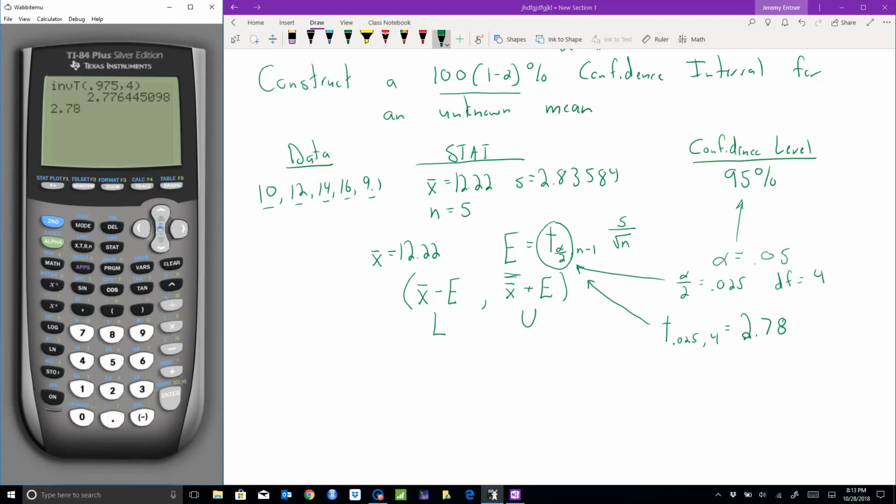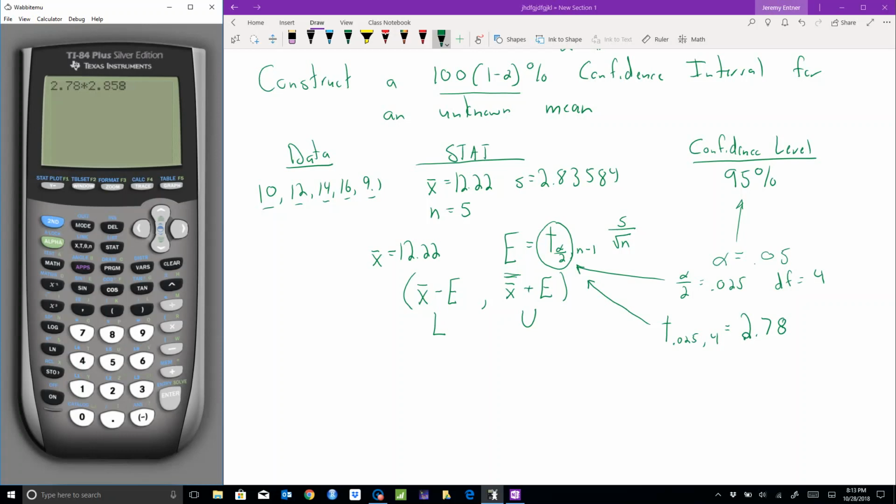That means if I want to calculate my margin of error, I'll use 2.78. I will multiply times my standard deviation, which is 2.83584. Whoops, let's clear that out. I forgot to hit my times. So I'll do 2.78 times 2.83584.